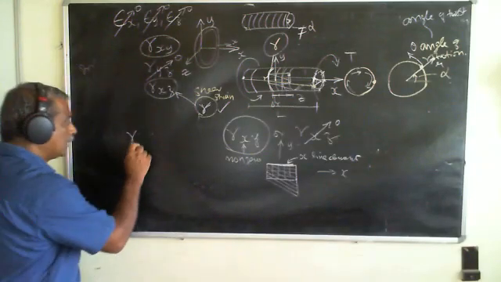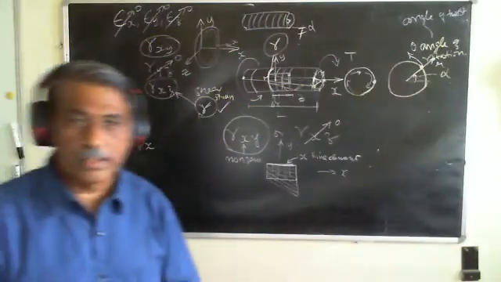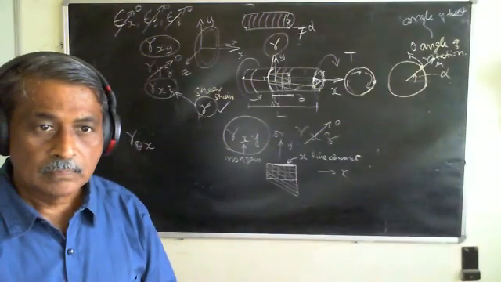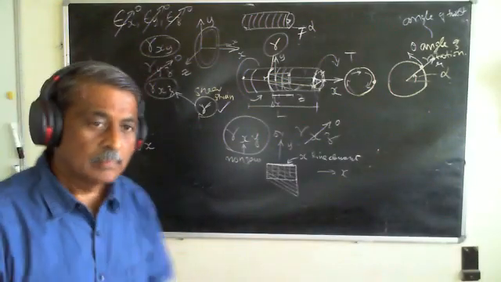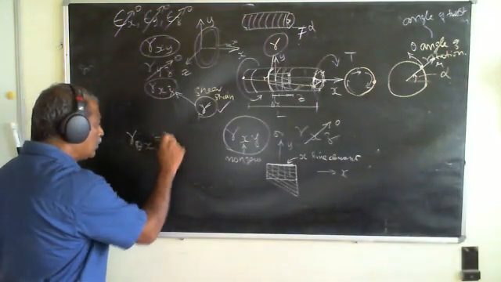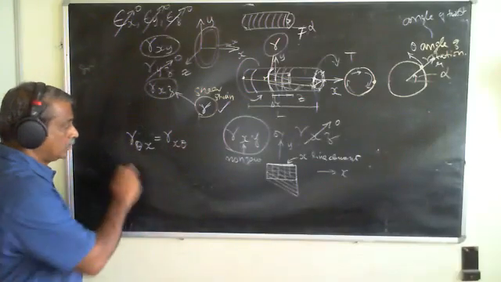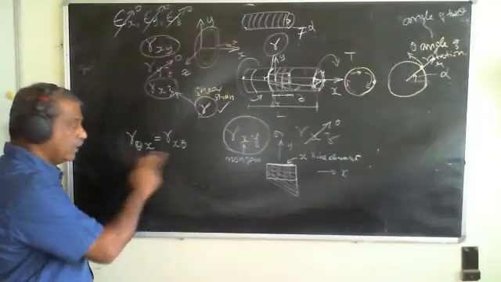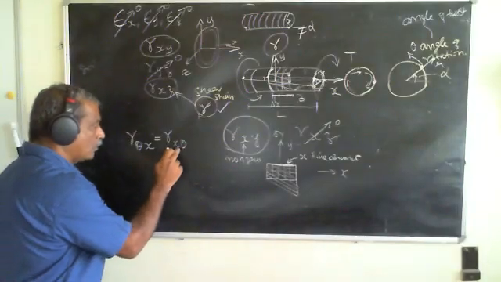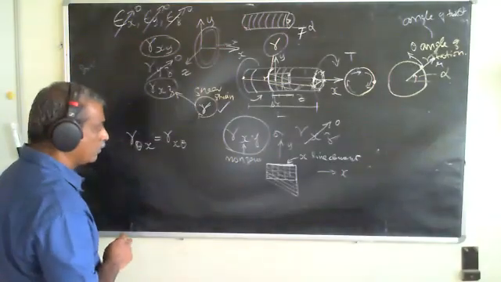So for the face perpendicular to x, along the theta direction, the strain is coming up. But this is also equal to gamma x theta, correct? Yes. We will figure out why we found this one, but we have not looked at this. We will look at it pretty soon.